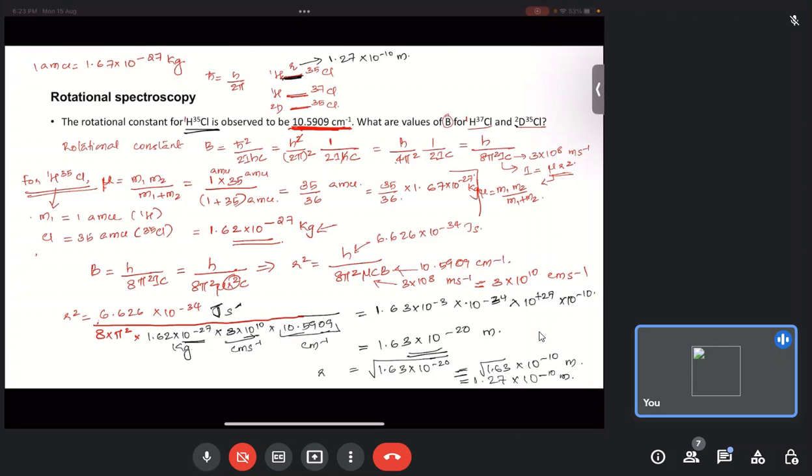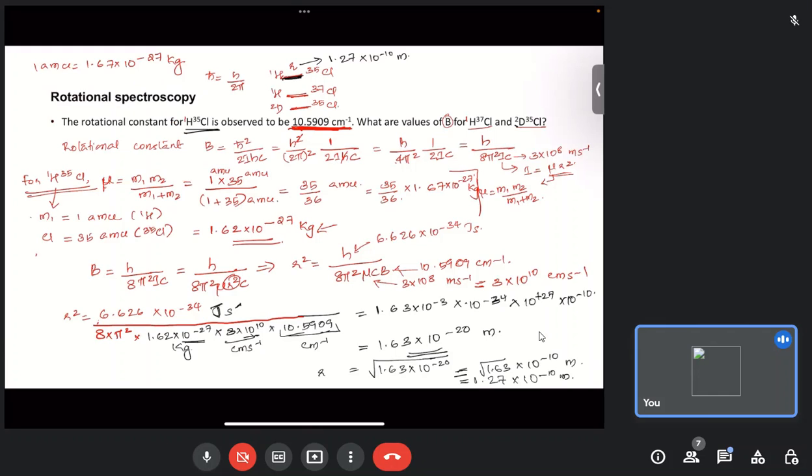Yeah, so we have already derived that the rotational constant can be written as h by 8 pi square I c.